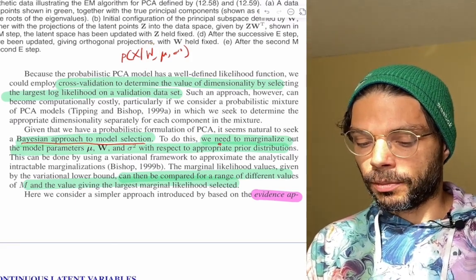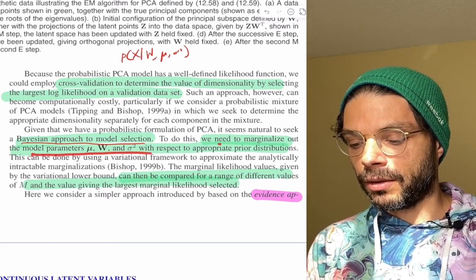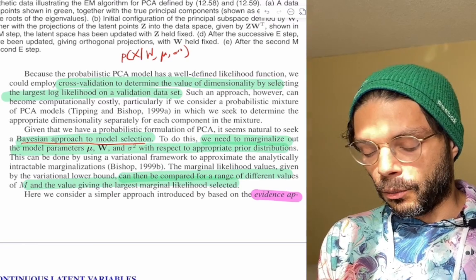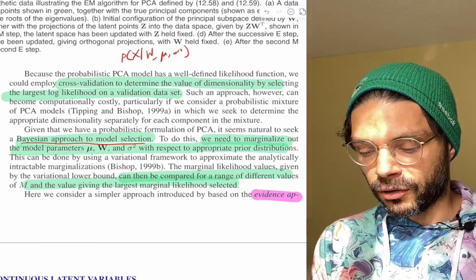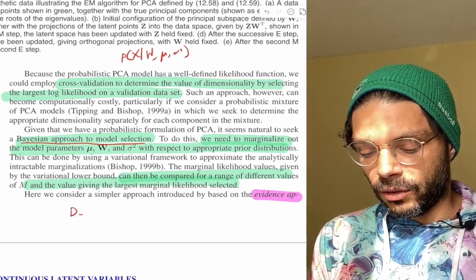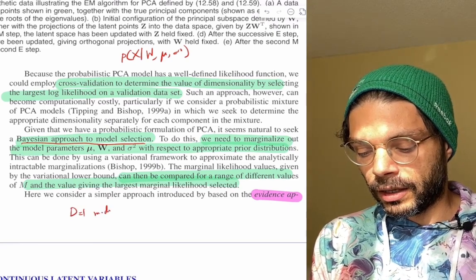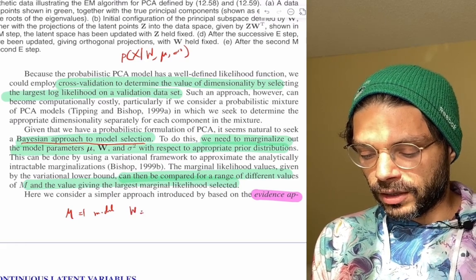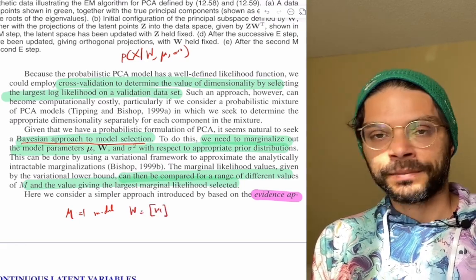So to do this, we need to marginalize out the model parameters with respect to the appropriate prior distribution, right? So again, you would have a variety of models. Let's say the D equals 1 model. I think actually this should be called M, right? So W is equal to just W1 correspondingly.